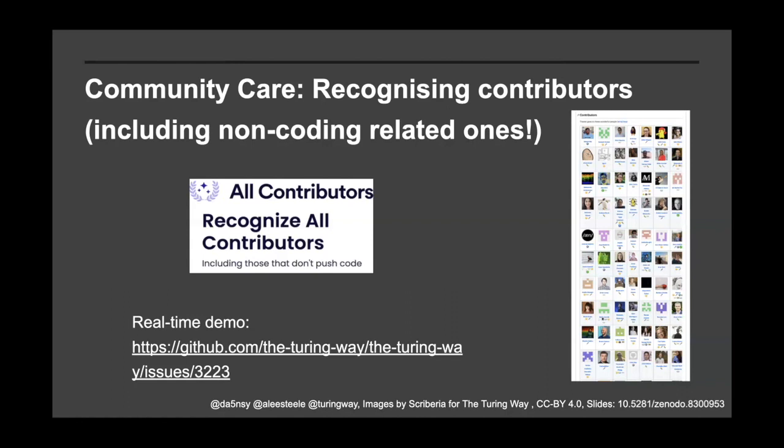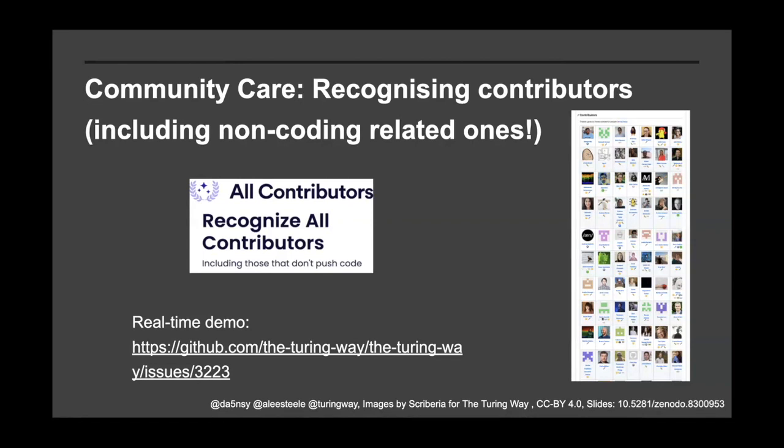Our project is like 90% text with some code that makes things happen. And so actually most of our contributions are non-coding related. But when I say non-coding, I mean writing text for the book, reviewing other people's work, adding alt text to images, a whole range of other non-content type contributions.